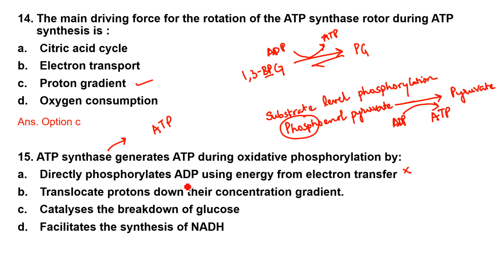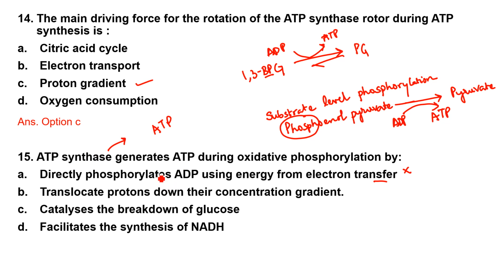Directly phosphorylates ADP using energy from electron transfer. Using the energy from electron transfer, what was happening? The protons were getting transferred from the matrix to the intermembrane space, right? And now what is ATP synthase doing?